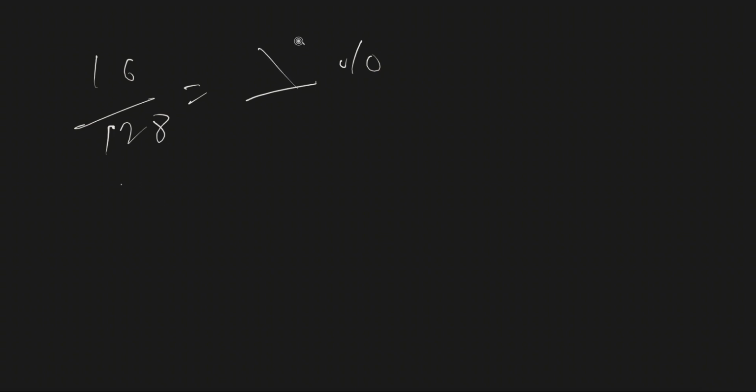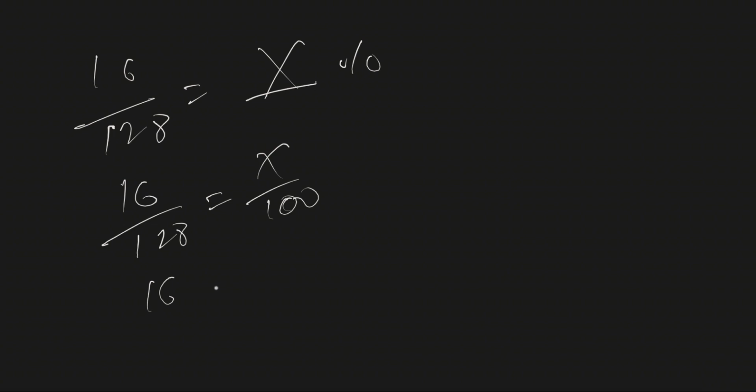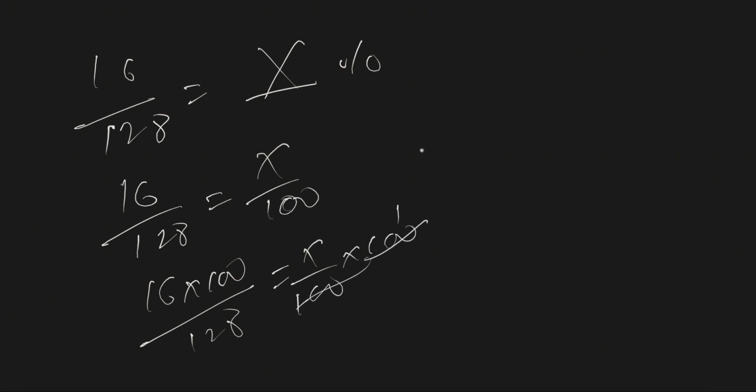Again, assuming this as X, 16 over 128 equals X over 100. Remember, percent is nothing but anything divided by 100. Multiplying both sides by 100, we get 16 times 100 over 128 equals X. So we get 1600 over 128, and this gives us X equals 12.5.